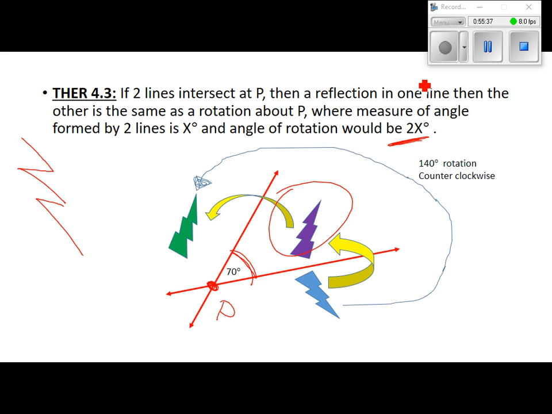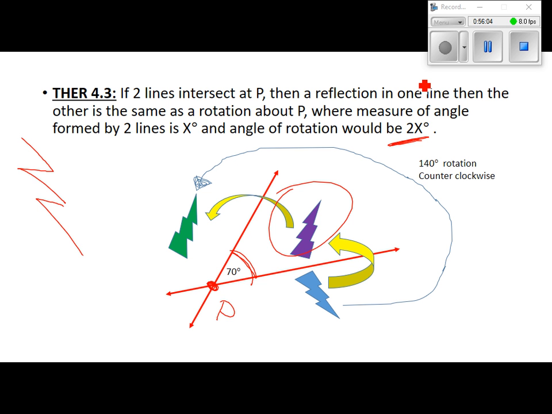Yes, sir. So, if we reflect it over this line, it's going to go from the blue one to where the purple one is. Then we reflect the purple one over this line. It's going to go to where the green one is. What this theorem is saying is that instead of doing all that, we could have taken this and rotated it, and it would end up in the same spot.